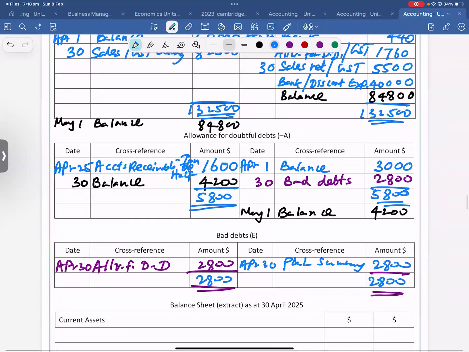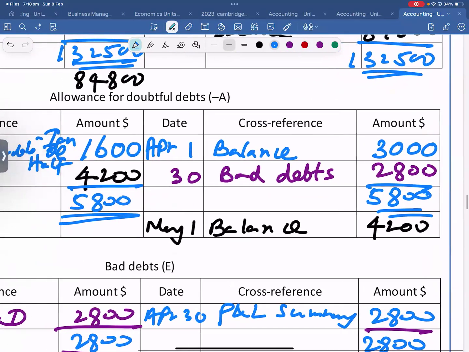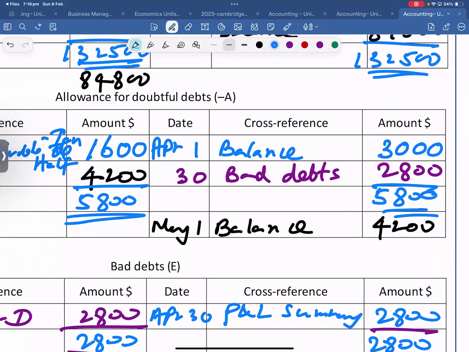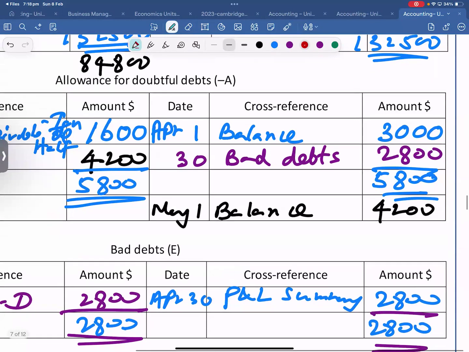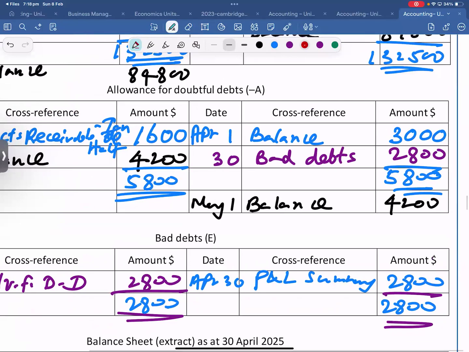Now look at this. Last period, that means when we start this period, how much was our estimation for the doubtful debt? You can tell it by looking at the ledger account. At the end of the last period, what was our estimation, the amount? 3,000.